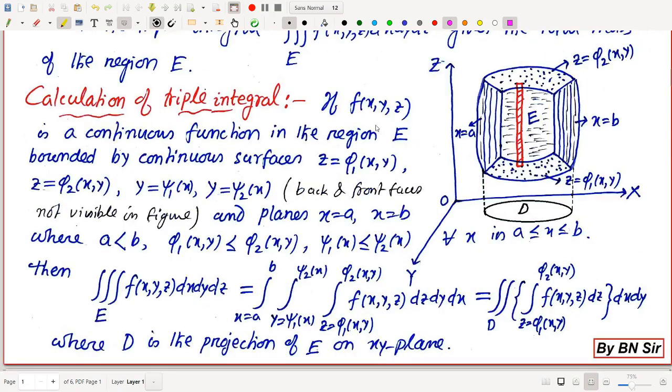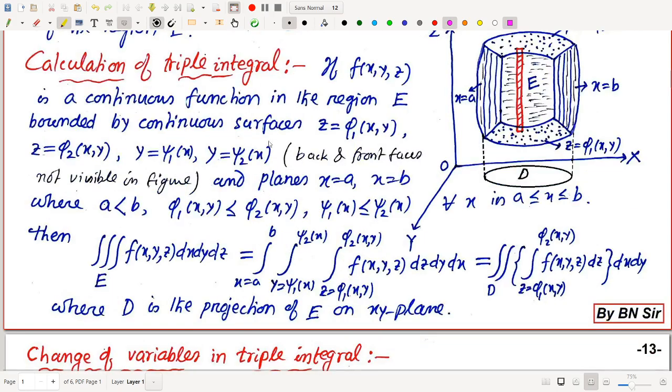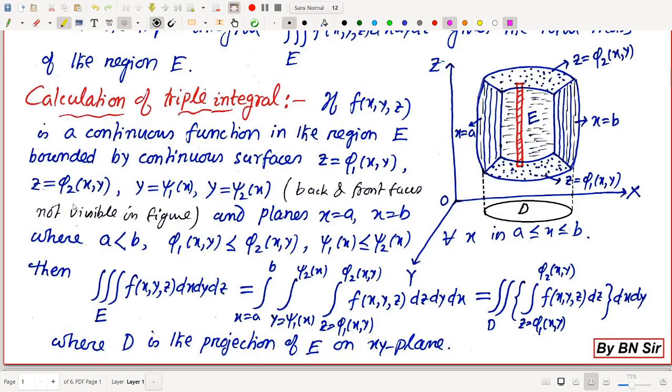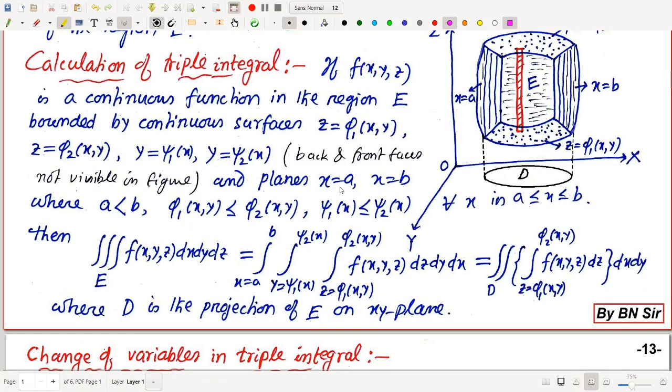Calculation of triple integral. If the function f(x,y,z) is a continuous function in the region E bounded by continuous surfaces z = φ1(x,y), z = φ2(x,y), y = ψ1(x), y = ψ2(x), and planes x = a and x = b.